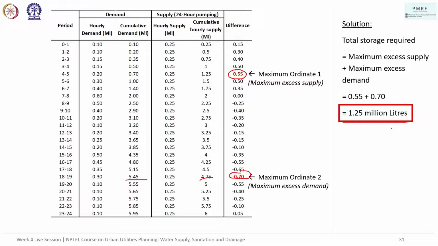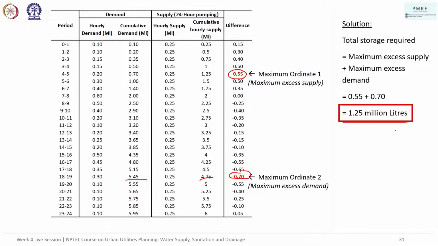So to answer your question, ma'am, this will be your balancing storage, right? This will be the difference between how much is being supplied. Whenever you are supplying into a reservoir, constantly there is water coming in and constantly there is water going out also, right?